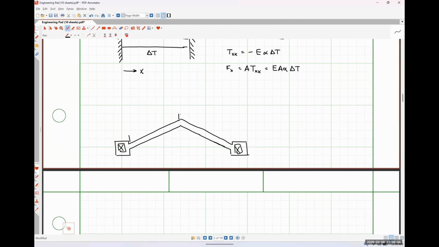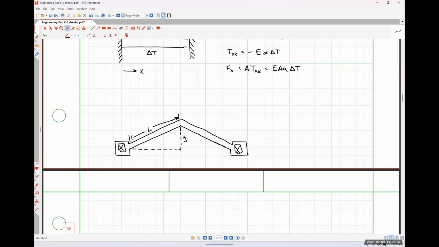So this is our original length of our beam L. Like so. And then, yeah, this situation.